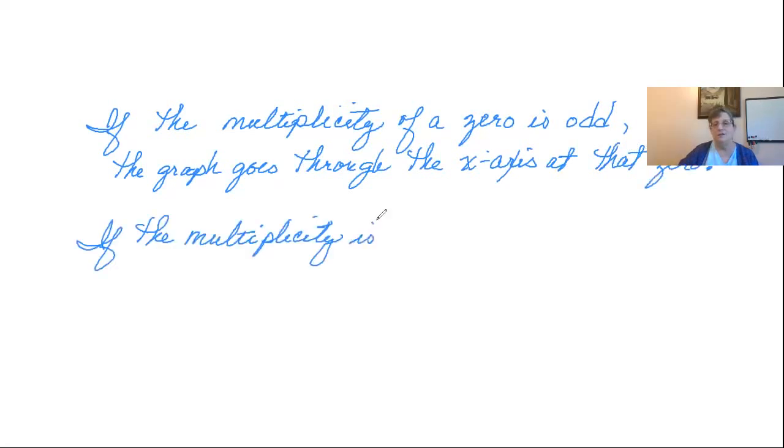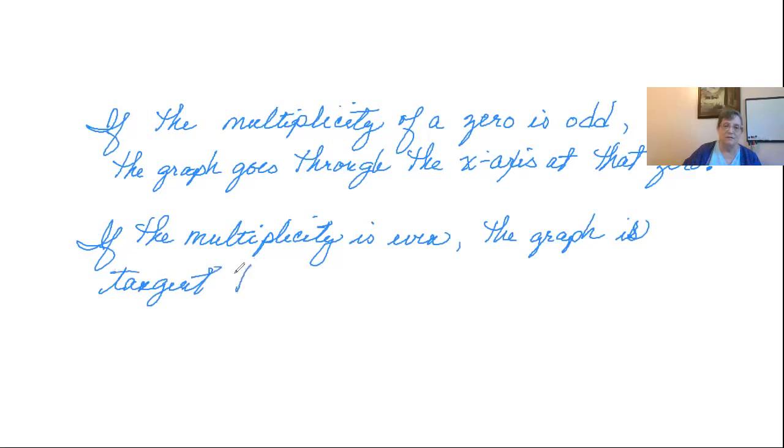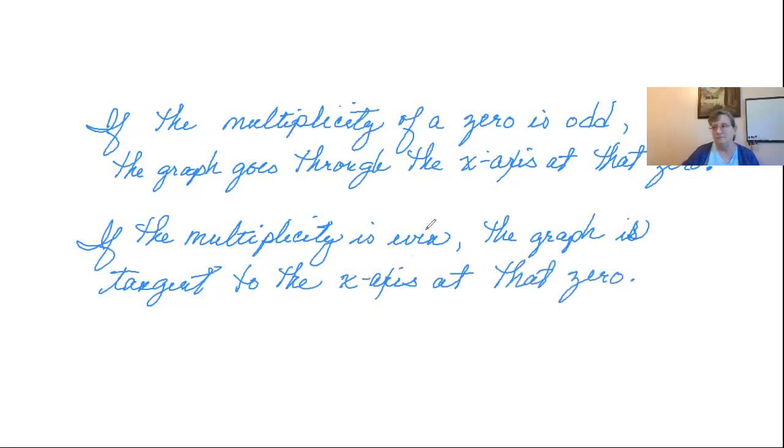If the multiplicity is even, then it turns out the graph is going to be tangent to the x-axis at that zero. If the multiplicity is even, so if that factor is squared, then that factor is always going to be positive, and it does not change signs from one side to the other.